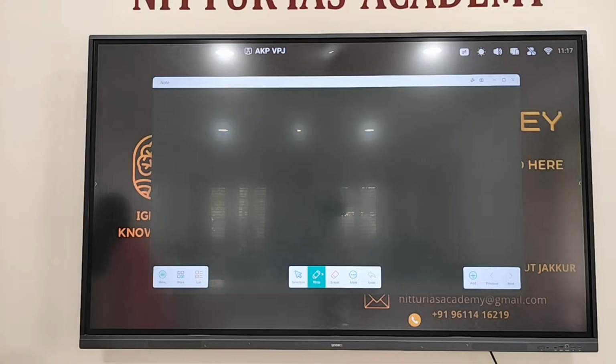However, if a member addresses the house in a language for which simultaneous interpretation facility is not available, comma, they should provide translation copy in Hindi or English.